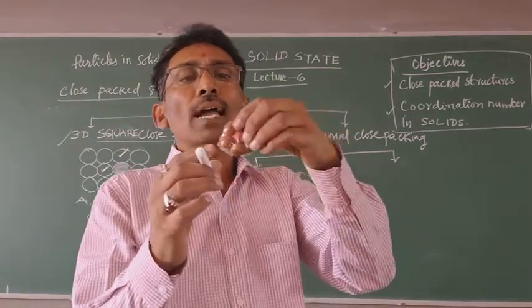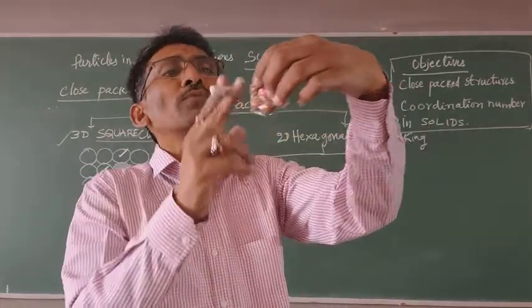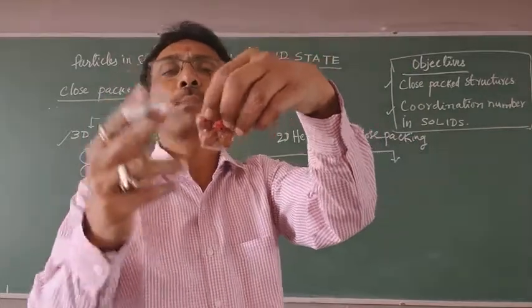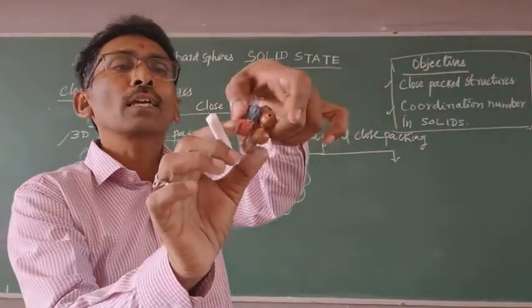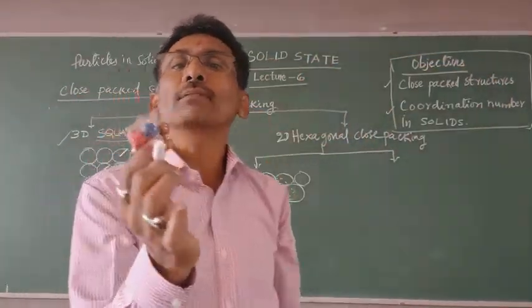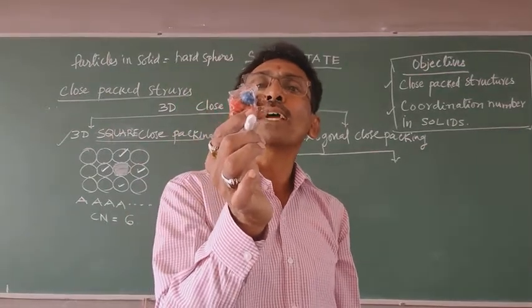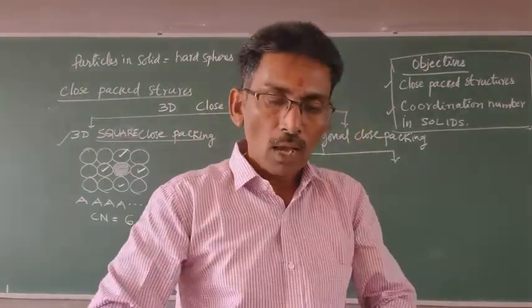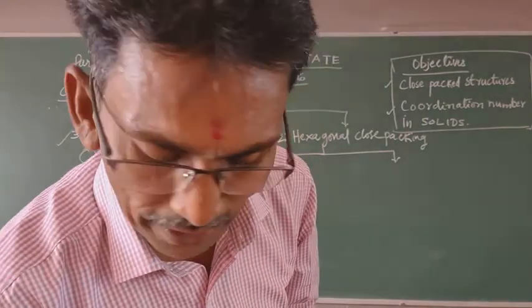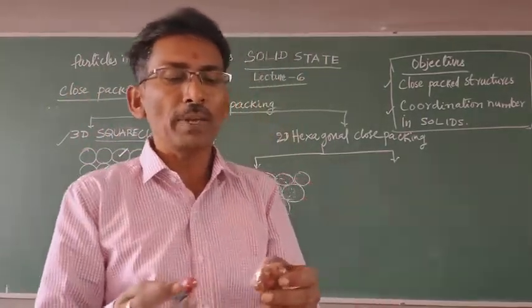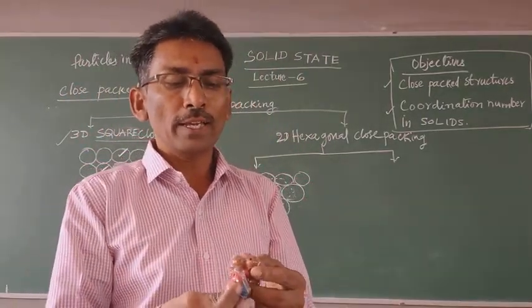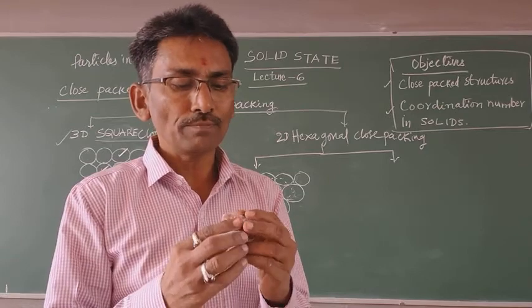And how is the arrangement of these two? Different. In these 2 layers, the particles are not identical; the position is not identical. Now, the third layer is repeated. In which manner? Like this.